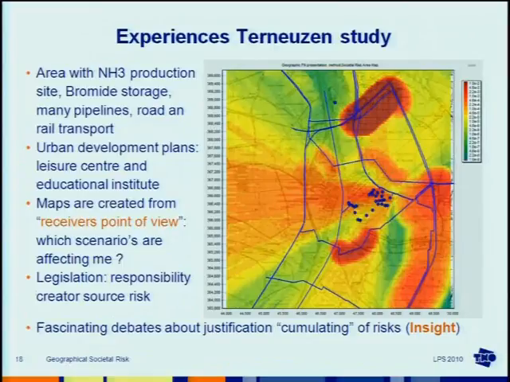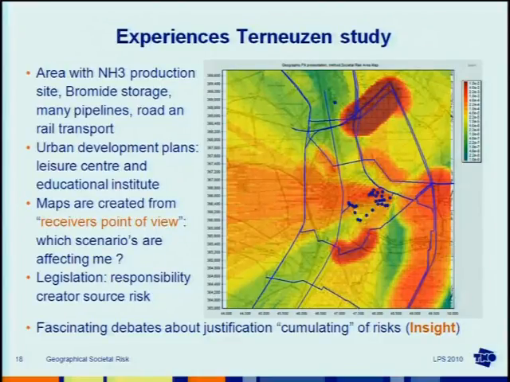Terneuzen study with a large ammonia production site and bromide storage. Here we have a lot of gas pipelines and road transportation, and again we had a large red area exceeding the societal risk guide value.